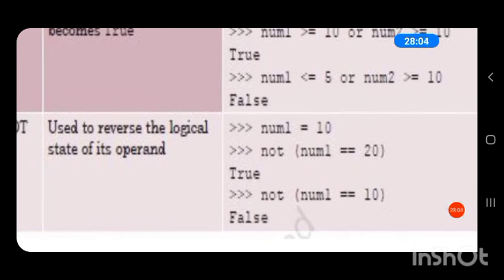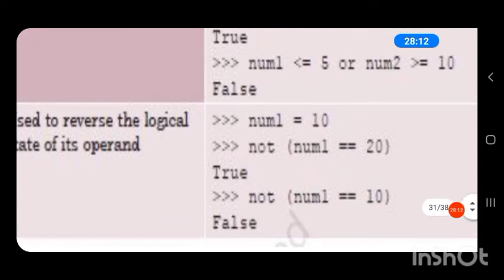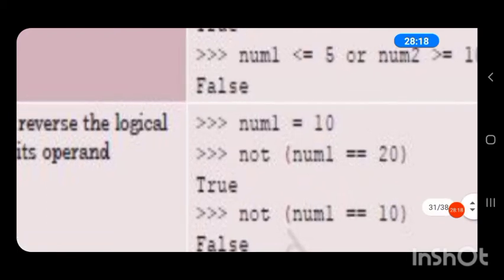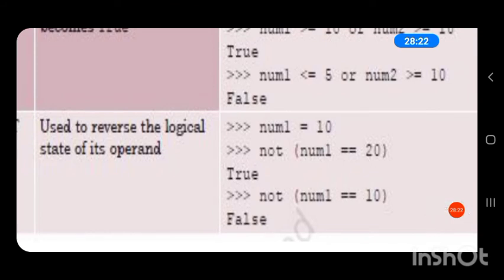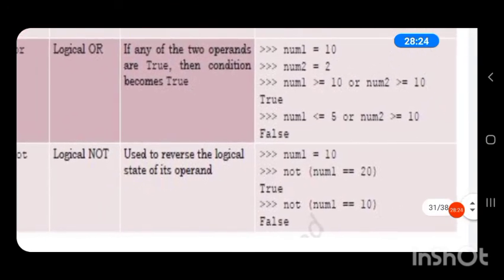Then NOT num1 equal to 20. So num1 equal to 20, is it true? Num1 is already assigned the value 10. So num1 equal to 20 will return false.